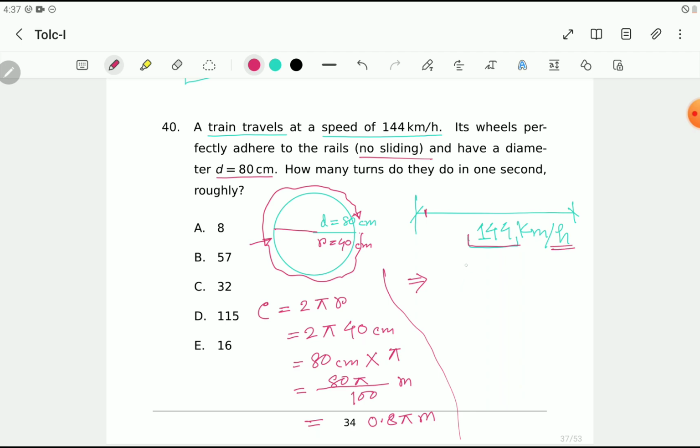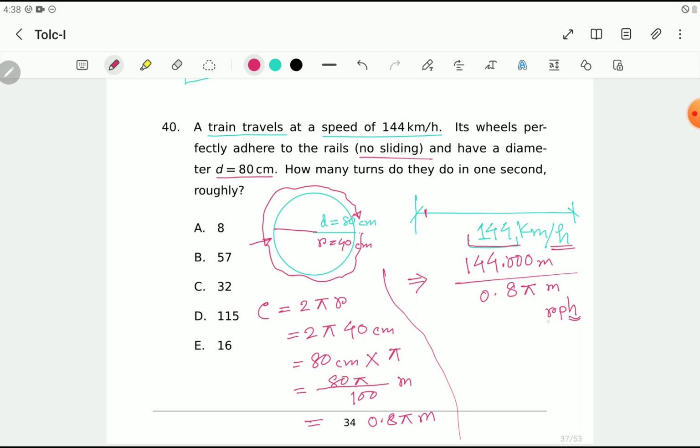So we make it meter, and if we divide by the circumference distance 0.8 pi m, then we get rotations per hour. That means per hour how many times the wheels are turning.